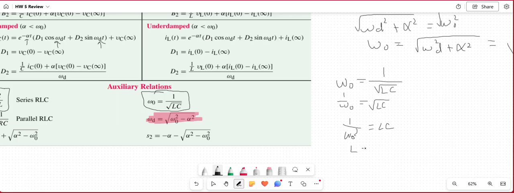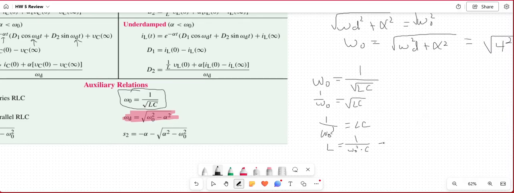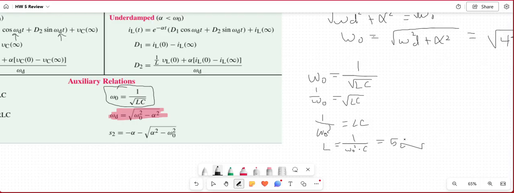L equals 1 over W naught squared times C. We plug in our W naught because we already have that, and our C because we just got that. And this gets us 5 henries.